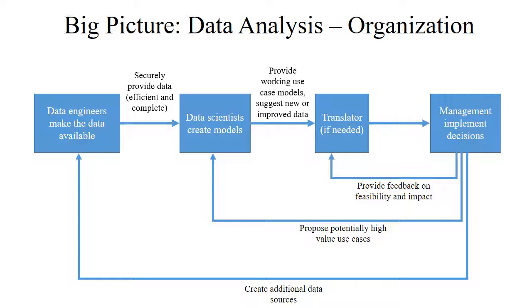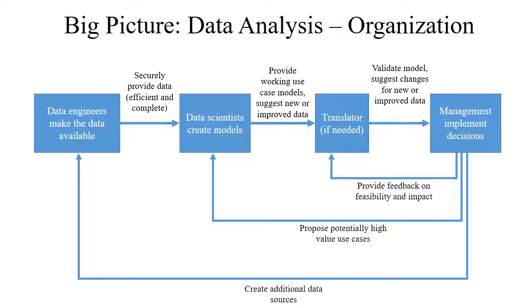Frequently, there's a translator. This isn't a specific role within an organization, like a title probably, but it's someone who can bridge the geeks and jocks divide, so to speak. And what they'll do is work on validating the model and communicating these suggested changes.